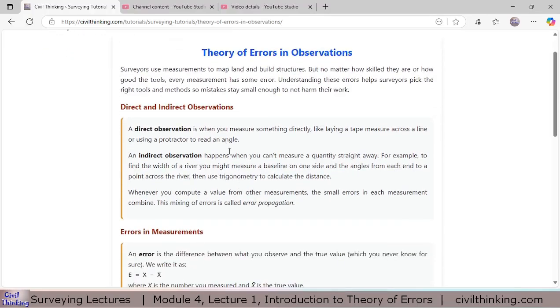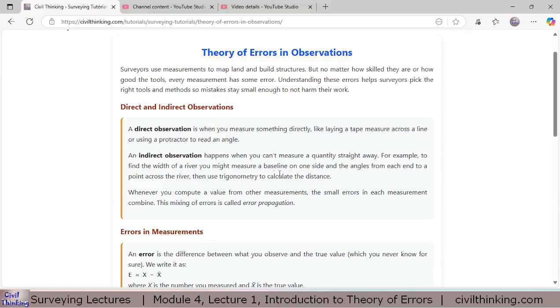Now when we measure something, we can measure it directly, which we call direct observation. Or when we cannot measure something directly, we have to measure it indirectly from other measurements.